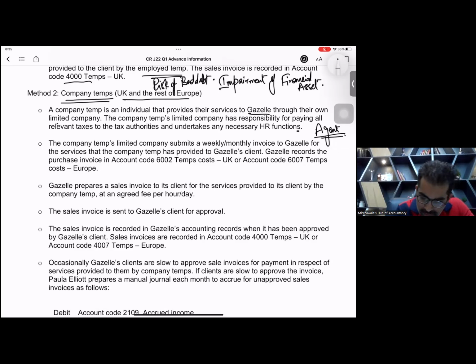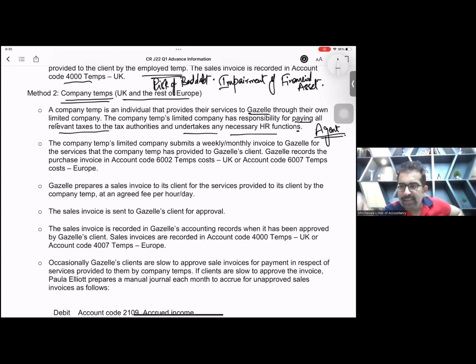Now the company temp's limited company has responsibility for paying all relevant taxes to tax authorities. So in that case, this is not our headache. NICs and tax payments, this is not our responsibility. No employment laws, we are not responsible. Risk is less.